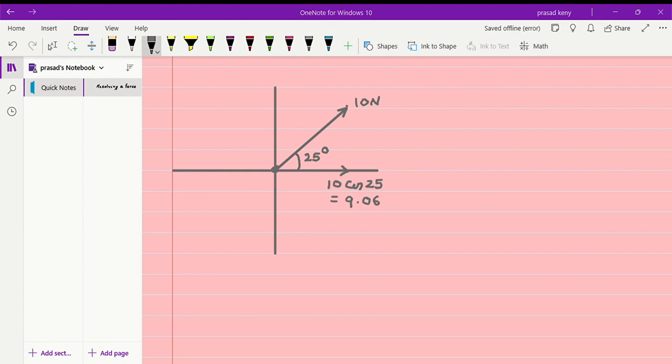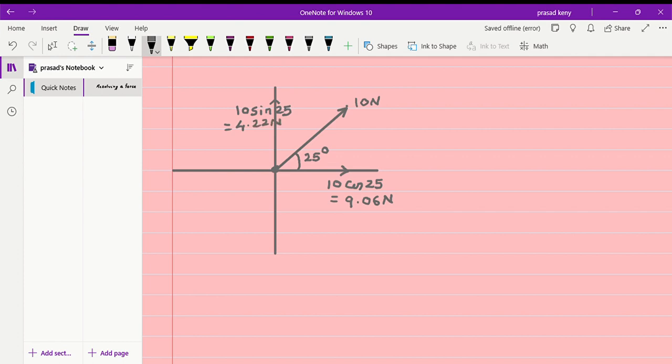Similarly, the sin component will be perpendicular to the cos component, so the sin component will go in the positive y direction. The sin component will be 10 sin 25, and that is equal to 4.22 Newton.